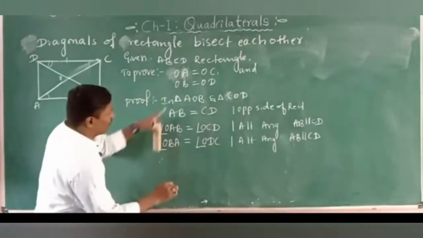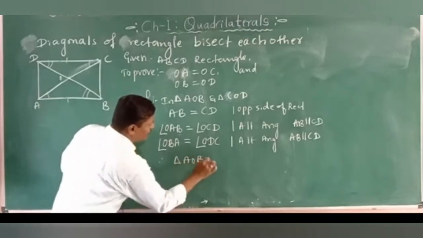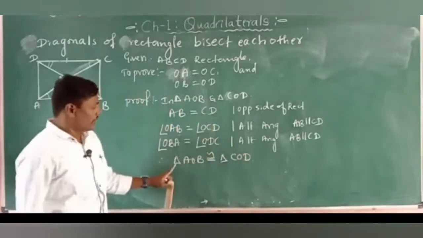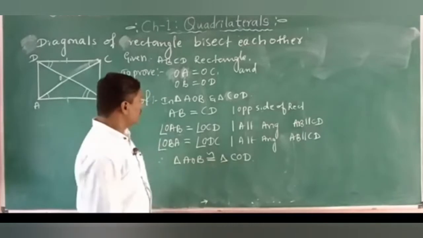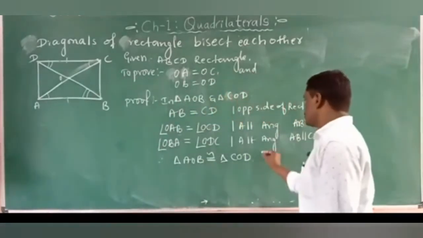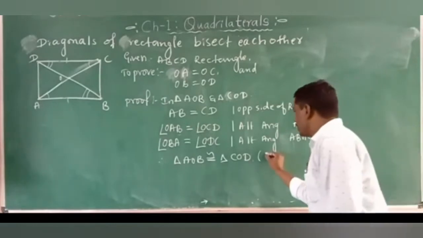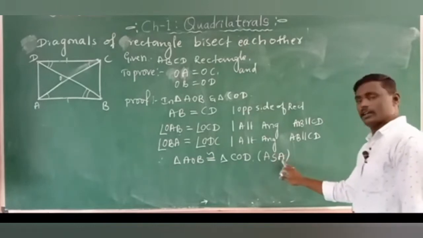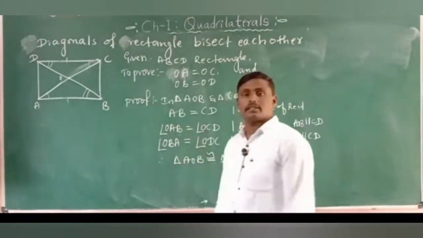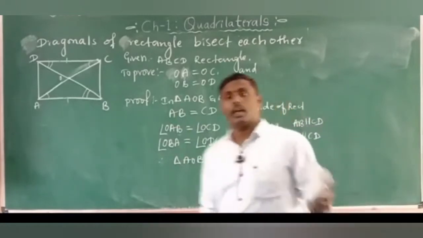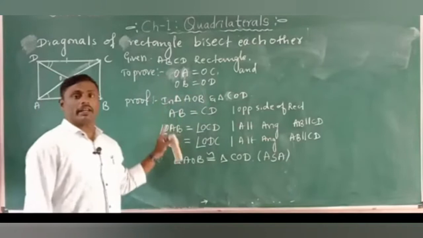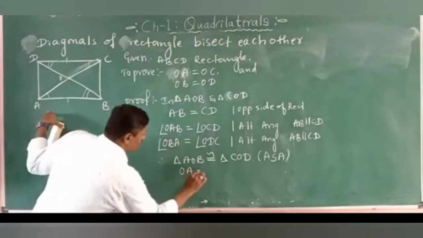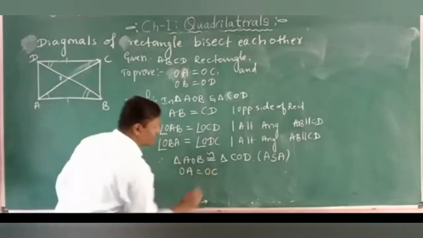So therefore triangle AOB is congruent to triangle COD by using the congruence property, that is ASA. By using angle side angle congruence criteria, the two triangles are congruent to each other. If two triangles are congruent, then all their remaining sides and angles are equal. So OA is equal to OC.